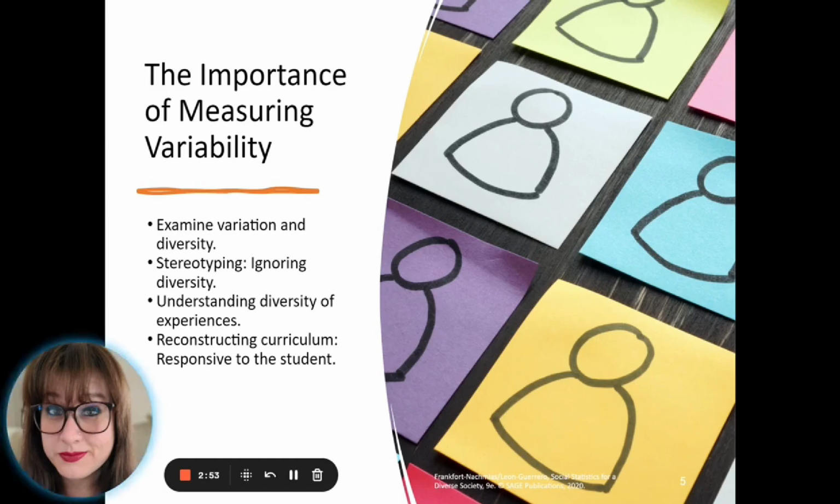We're looking at the social situation, and we're trying to understand basically the lived experiences and the differences that are going on. What can happen if we don't think about variability and we only use the measures of central tendency is that we can end up engaging in stereotyping. Essentially, we can ignore the diversity of the lived experience.